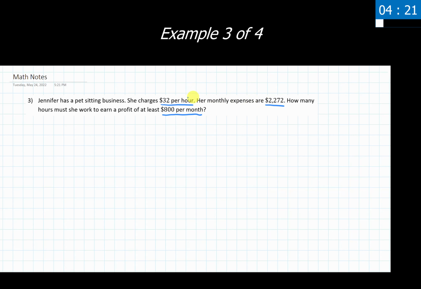Because they all relate in some way, shape, and form. Well, she charges $32 per hour, so we could think of this, maybe make a quick bullet point on it. Actually, let's put our title in here first.